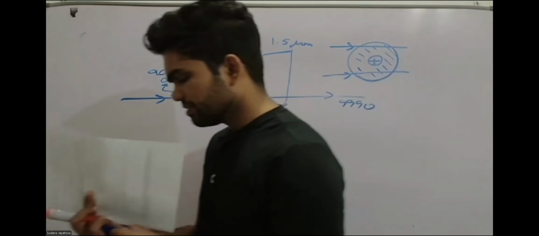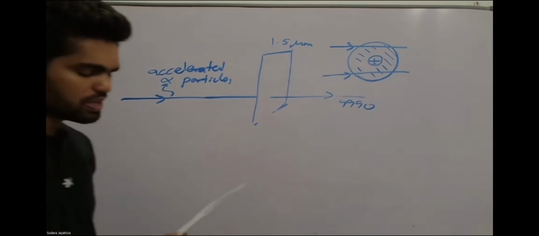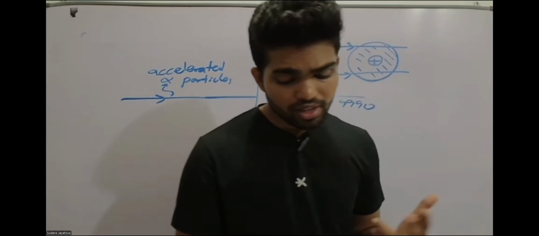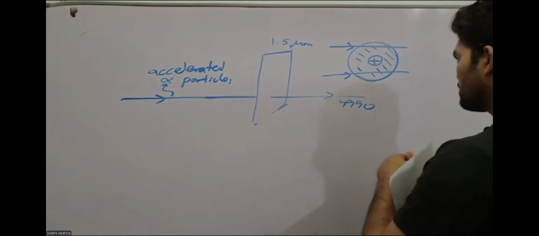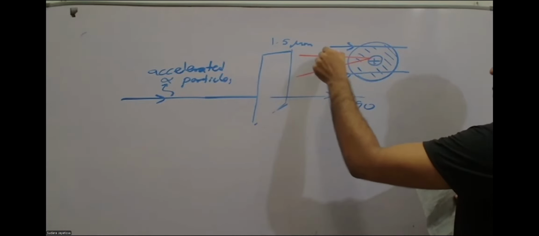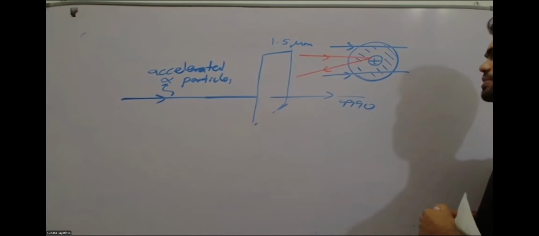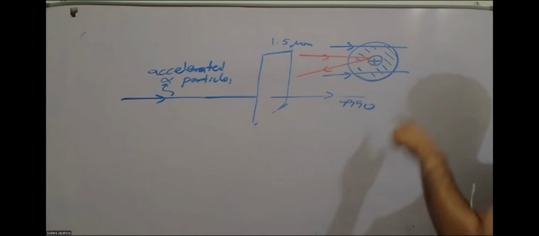So the first one, A, is correct. And look at the second one. Very few alpha particles bounce back in the direction from which they came, because those move towards the nucleus. Only some of them bounce back, because they directly collided with the nucleus, or they were subjected to enormous repulsion from the nucleus.